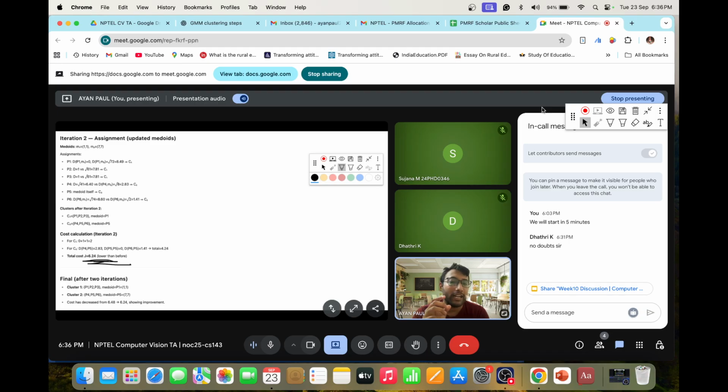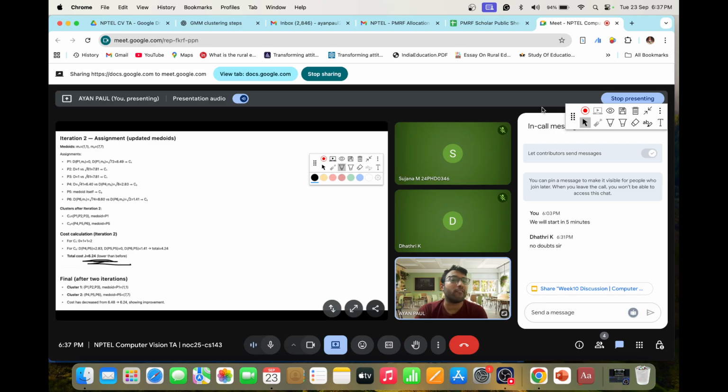In k-medoid, we take the centroid of the cluster as the median point of the points belonging to that cluster. That is the difference between k-means and k-medoid. K-medoid is also known as PAM, or partitioning around medoids.